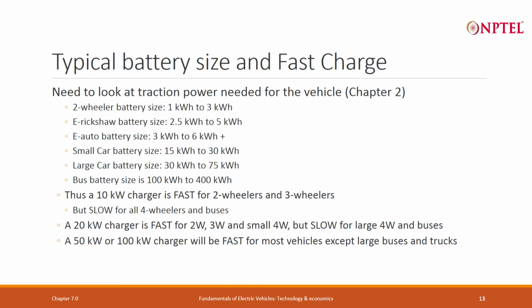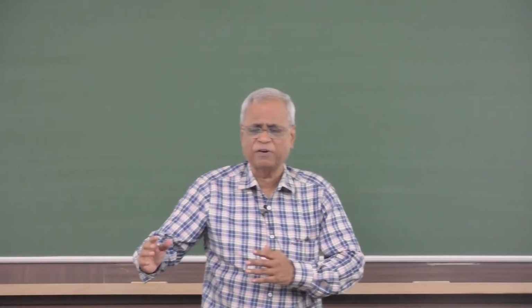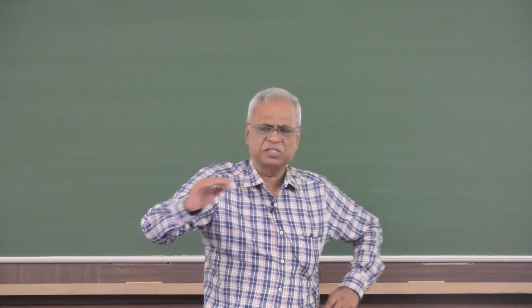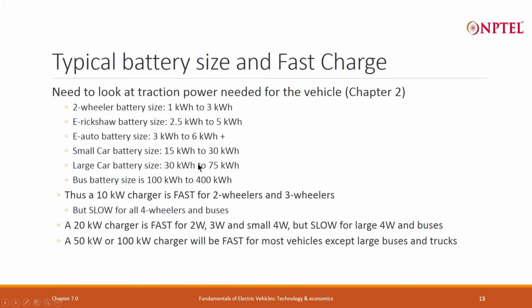If you charge a 3 kilowatt hour battery at 500 watt or 800 watt or 1 kilowatt, it is a slow charge. An e-rickshaw battery is typically 2.5 kilowatt hour to 3 kilowatt hour. Auto on the other hand is 3 kilowatt hour to 6 kilowatt hour, actually can be even 8 kilowatt hour. You must understand this, and from there you can figure out what will be slow charge or fast charge.